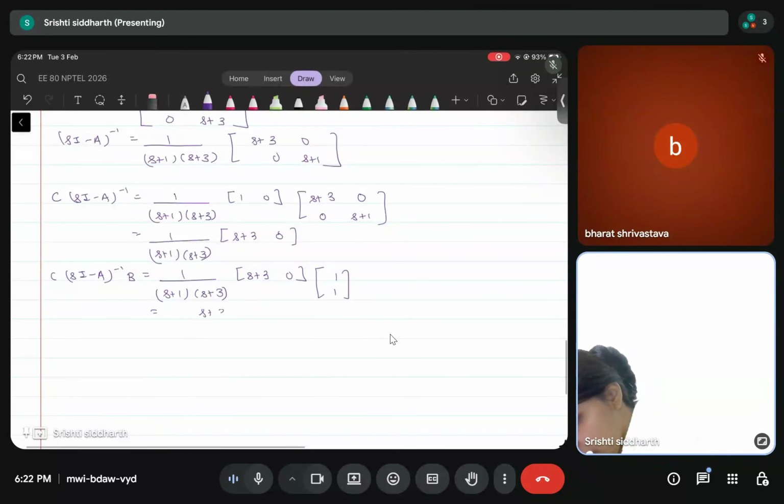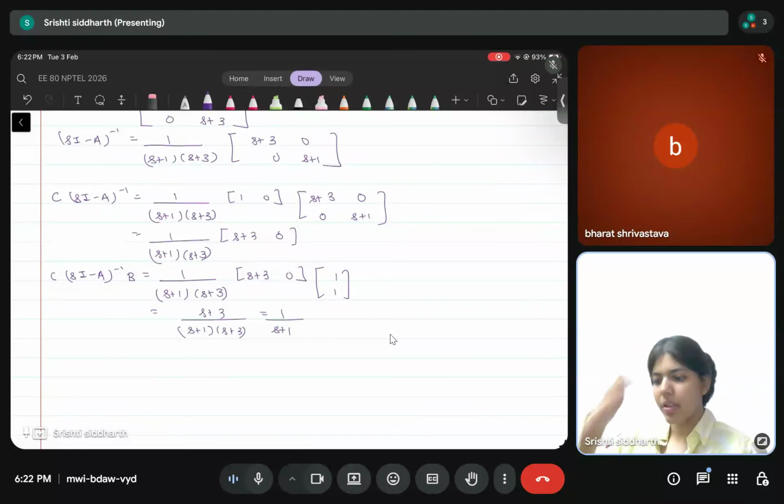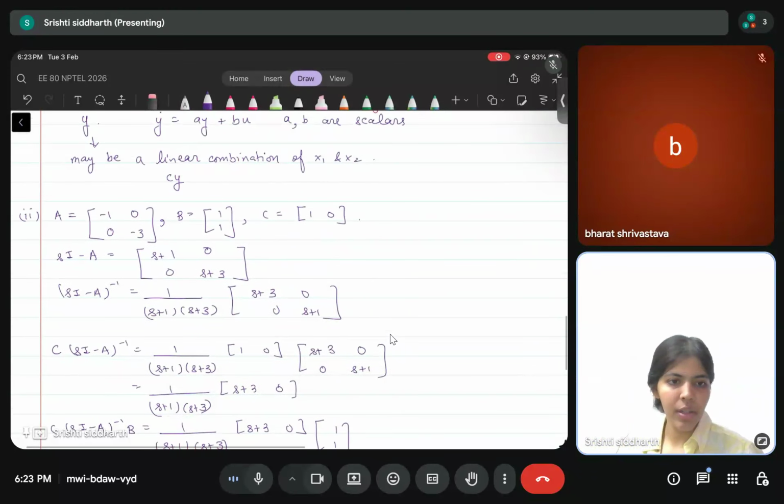This is again s plus 3 over s plus 1, s plus 3. So you can see that we have the same transfer function as in part 1, even though the state space matrices were different, right?